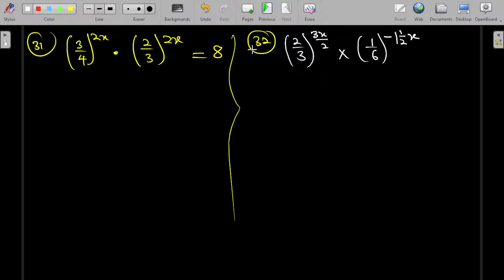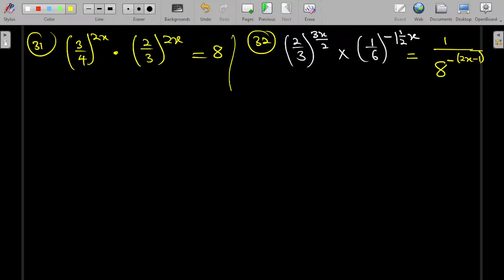Wow, this is a beautiful construction. Let me use another color here. It's equal to 1 over 8 raised to the power of minus 2x minus 1. I like this. It's a good construction.